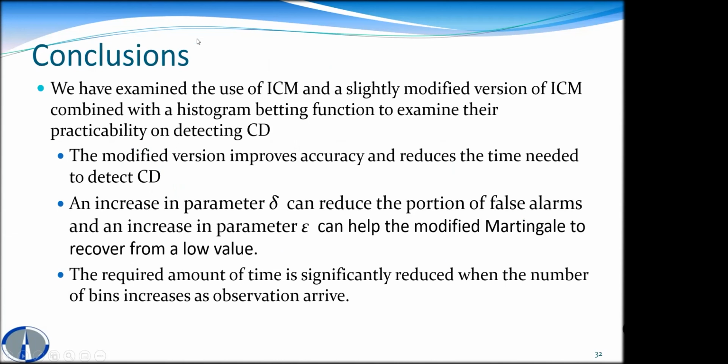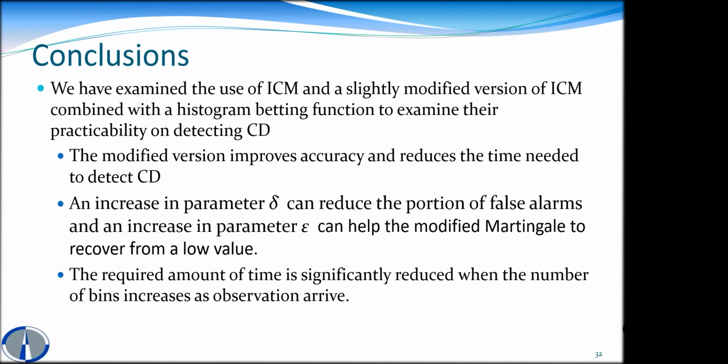So we have examined the use of the inductive conformal Martingale and a slightly modified version of it, combined with a histogram betting function, to examine their practicability in detecting causal drift. The modified version improves accuracy and reduces the time needed to detect causal drift. An increase in parameter delta can reduce the portion of false alarms, and an increase in parameter epsilon can help the modified Martingale recover from a low value.